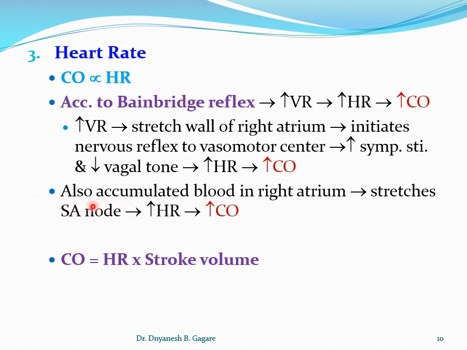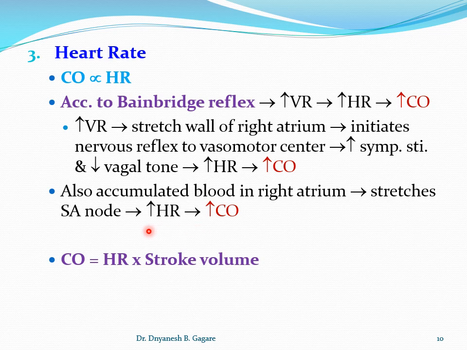The second mechanism is that due to the venous return, there is also accumulation of blood in the right atrium, and this accumulated blood directly stretches the SA node, the pacemaker. Stretching of the pacemaker leads to the generation of more cardiac impulses, and that leads to an increase in heart rate.